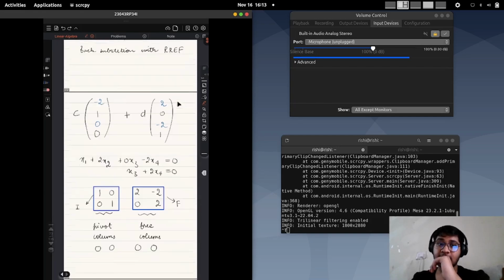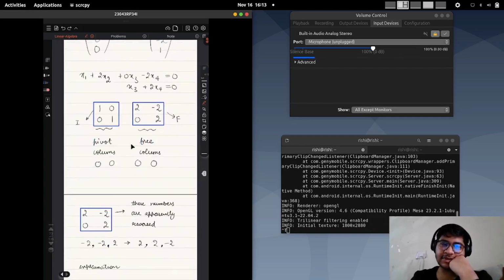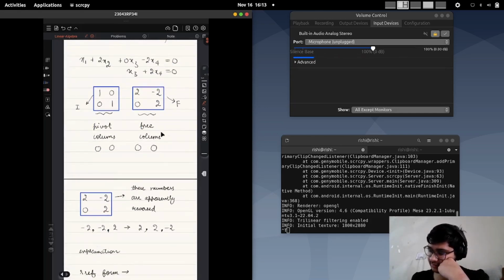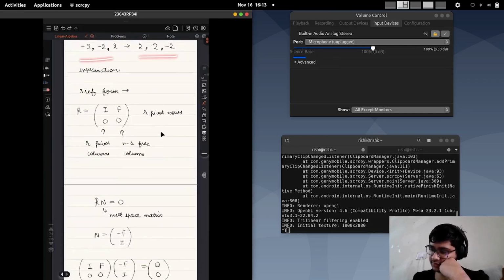From this, we notice that these are pivot columns, these are free columns. We also named this F. These numbers are apparently reversed. See, these numbers are apparently reversed: minus 2 minus 2 2 2 2 minus 2. The explanation is in the RREF form, why it is reversing.